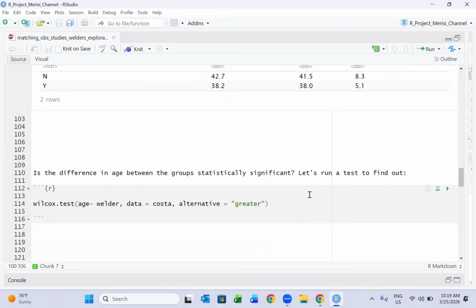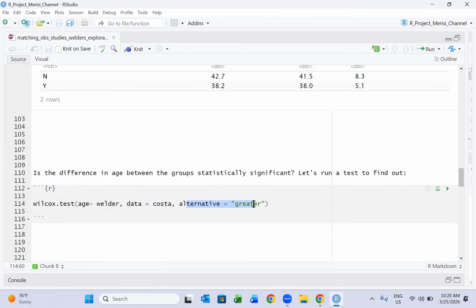Now, why am I using alternative greater? Well, the exploratory statistics are suggesting that the average and median for welders is lower than for non-welders, right? So I want to use an alternative hypothesis that checks specifically for that, to see if welders are less than non-welders.